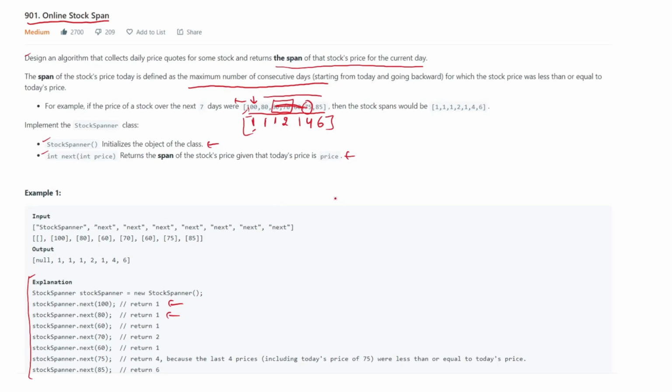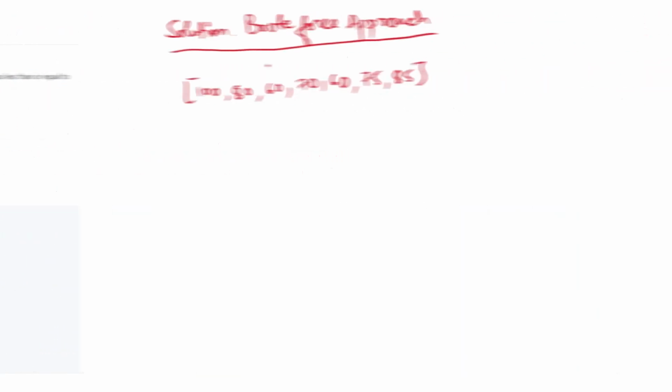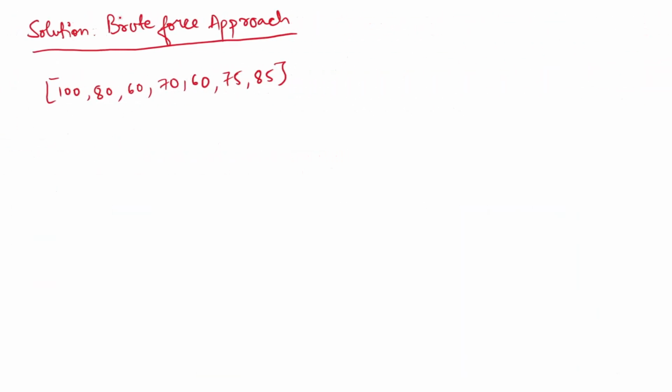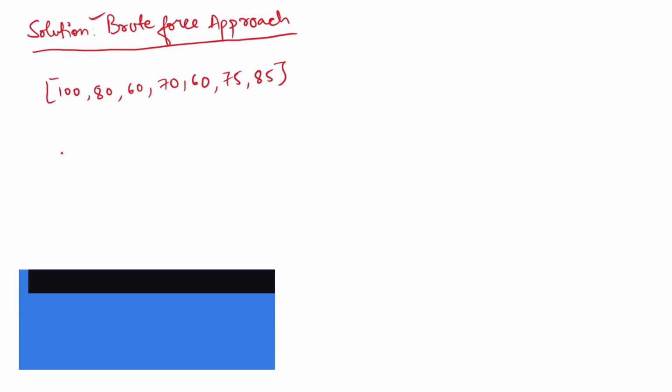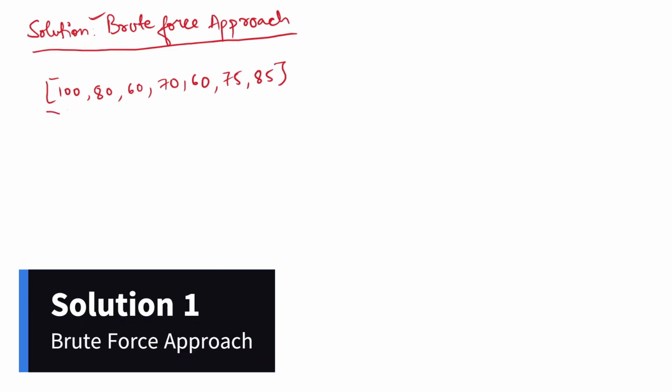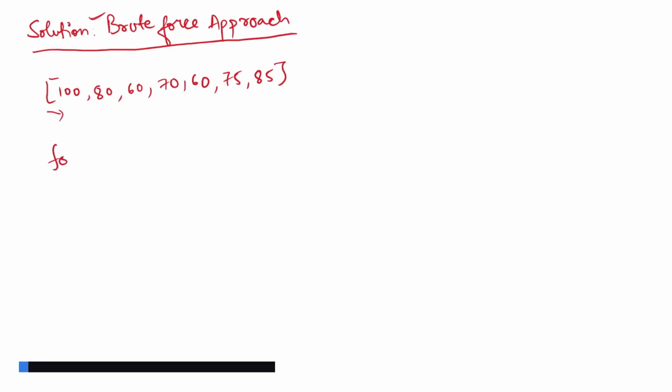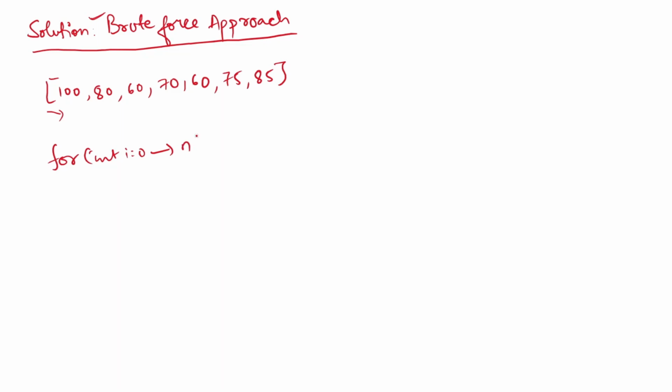Now let's understand how we can solve this problem. Our first solution can be the brute force approach. What will our brute force approach be? We will iterate over this. We can use one loop from i equals 0 to n, and then one while loop. Let's say I am here, so I have to move from i minus 1 until 0.